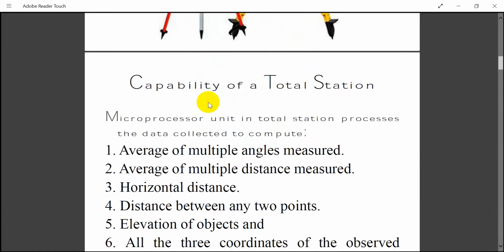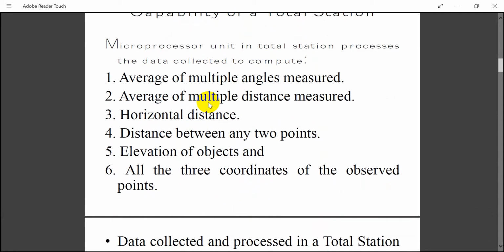Compatibility of these total stations. Compatibility means it will give average multiple angle measurements. You already know that with the theodolite, you can take the readings, you can take the angle from the left side, right side, one time, two times, three times. Then you take the average of those readings.